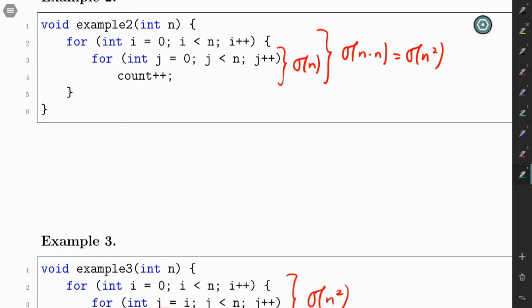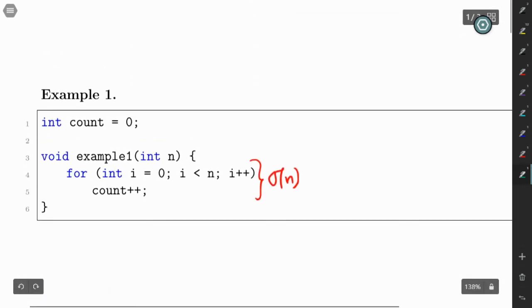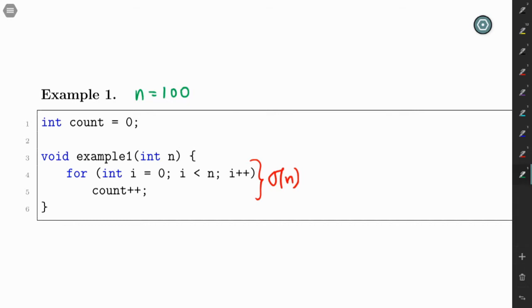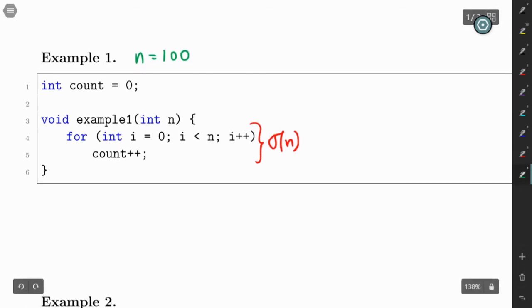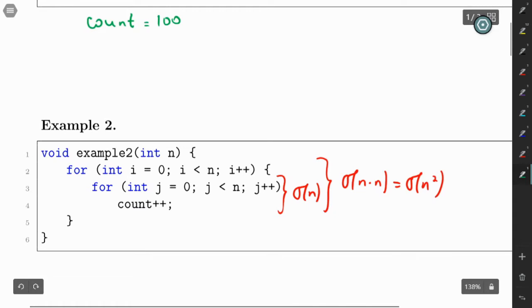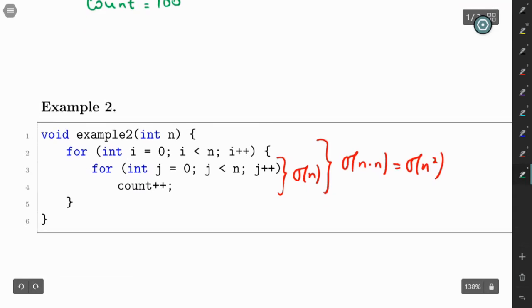So what I would also like to do is, let's suppose that we give n equals 100 to all of those methods. What would count be for that case? In the first case, it's not very interesting. It's just going to be 100. In the second case, we would expect it to be n squared.